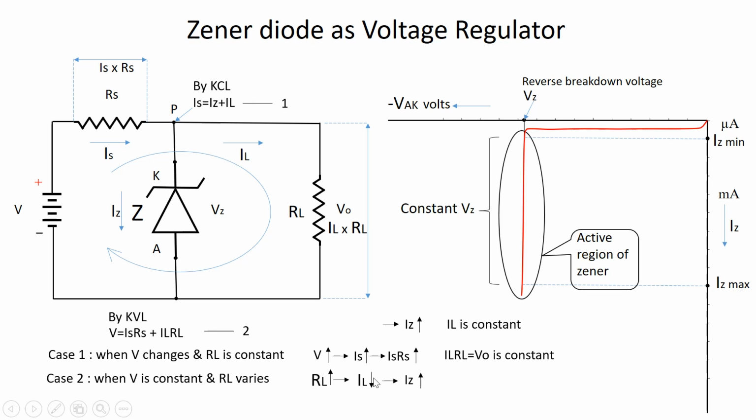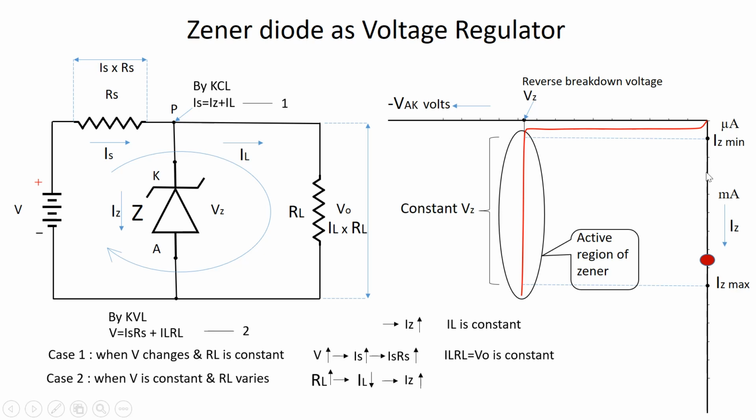With this fall in this load current, the Zener current rises. The explanation you have just heard of this. Now, the Zener, which was assumed to be working at this lower current range, will now be working at the higher current range here.